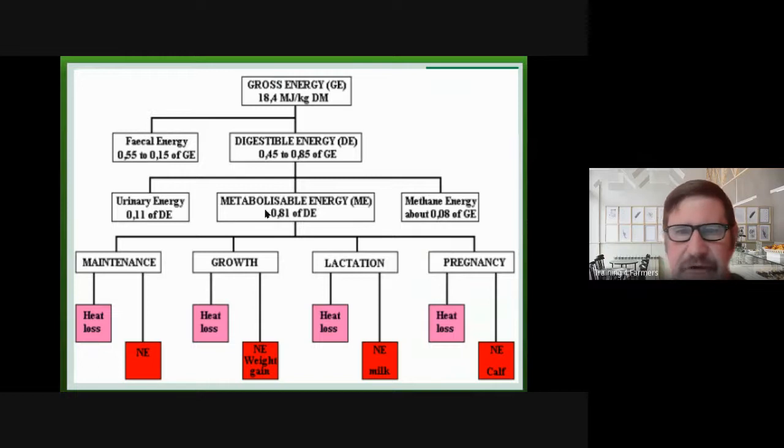These things here, how did we quantify the amount of energy that comes off in urine and feces and so on? Of course, they did that over the last 50 years in metabolic crates.